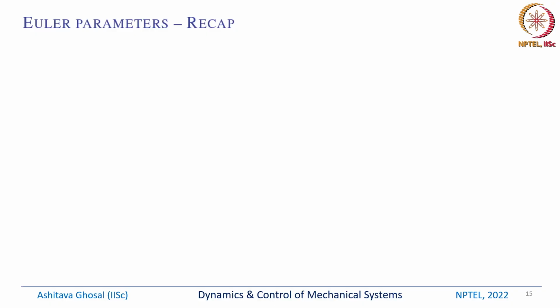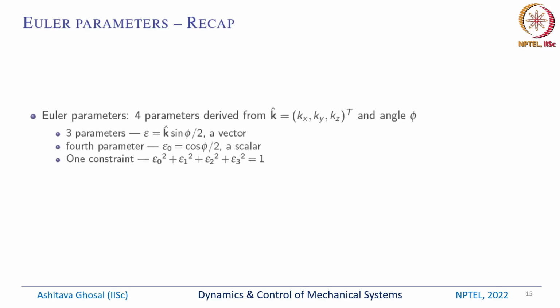Okay, let's go back and see how we can look at this angular velocity vector in terms of some other representation of orientation. One of the representations of orientation was the Euler parameters, and if you recall, the Euler parameters consisted of 4 parameters. They are basically the axis k, which is kx, ky, kz. It's a unit vector, and then there is this angle phi, which is the rotation about that axis.